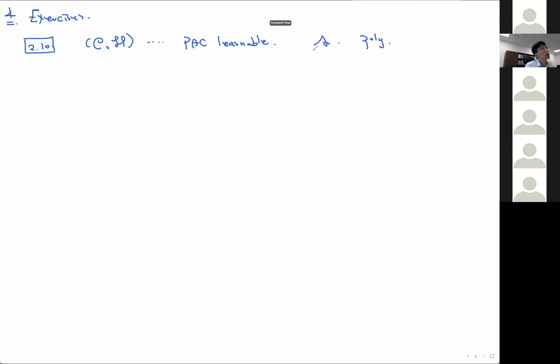Now we want to use this A and polynomial to find a hypothesis that is consistent with a given set of samples.